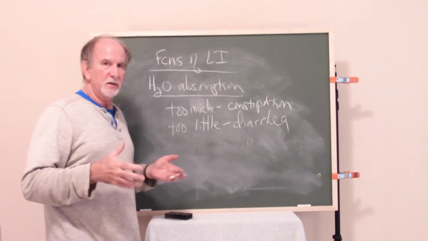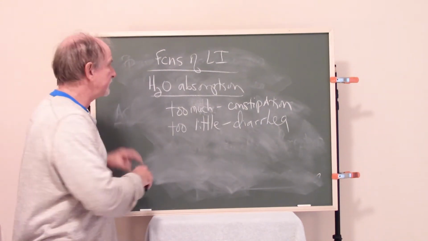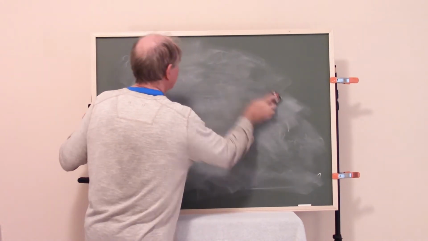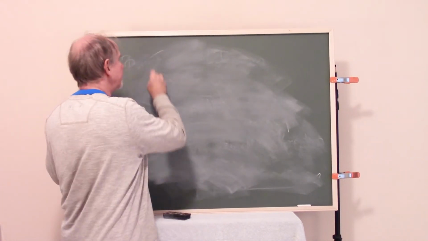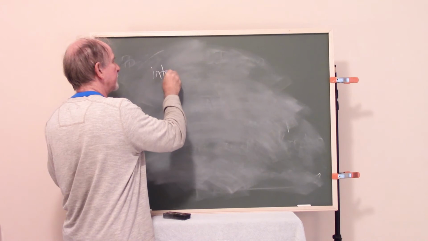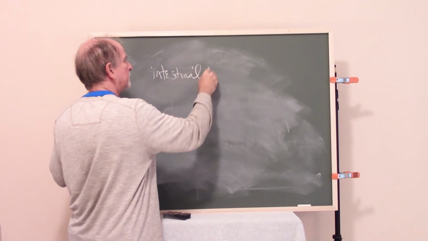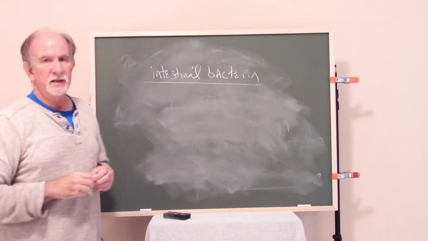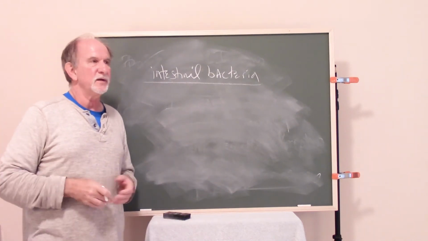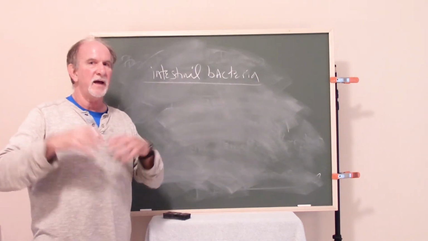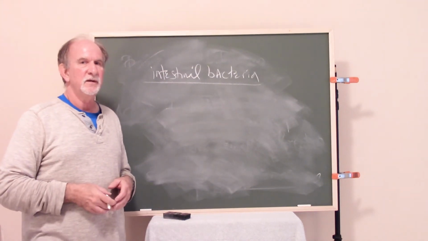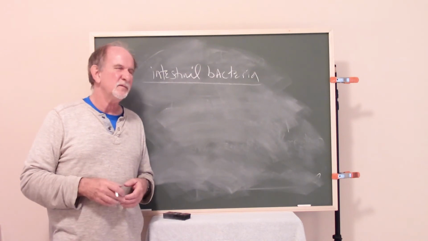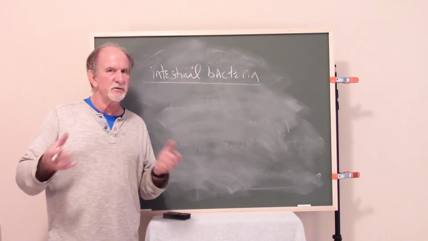I want to just talk a little bit about the bacteria that live in the intestine. So this would be a little bit on intestinal bacteria. And the numbers of these bacteria are honestly astronomical in size. I've seen estimates of the number of cells in our body, and it's probably somewhere around 50 to 70 trillion.